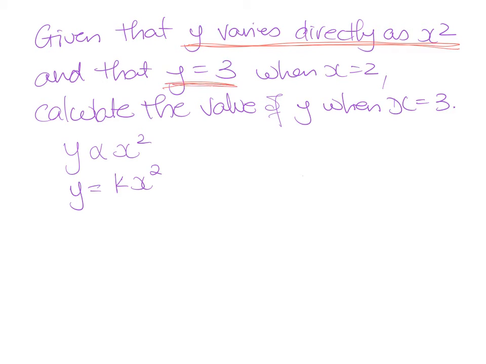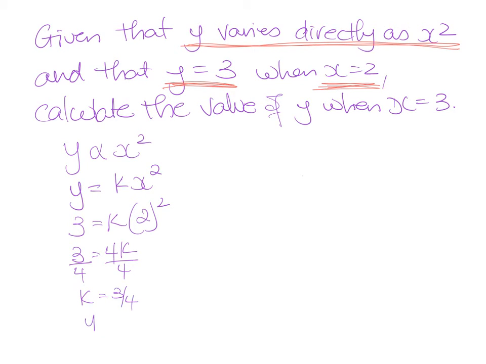When y is 3, x is 2. So 3 is equal to some number by 2 squared, which tells us that 3 is equal to 4 by k. We divide both sides by 4, and we get that k is equal to 3 over 4. So therefore, y is equal to 3 over 4 x squared.